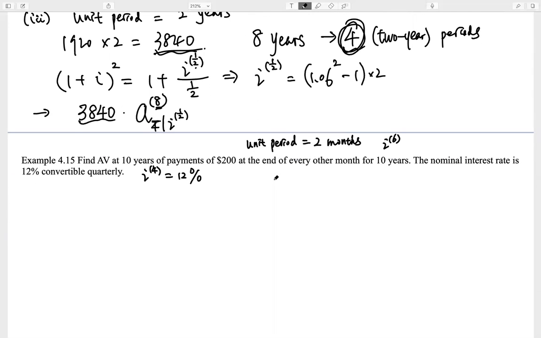Then our first job is to convert the amount into an amount per year. 200 every 2 months, so there are 6 payments a year. So every year I'm supposed to get $1,200. Ignore discounting or accumulating. And then my notation would be this.